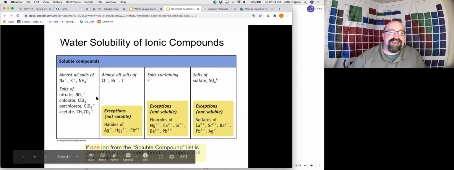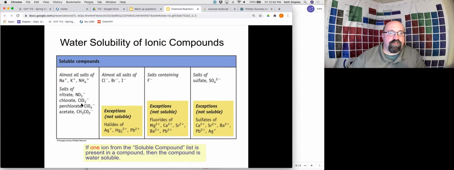Anything containing any of these ions, if only one of these ions is in the compound that you're looking at, that compound is soluble in water. It will dissolve. Ionic substances that contain chlorine, chloride, bromide, or iodide, almost all of those are soluble. So almost all of those will dissolve when we drop them into water.